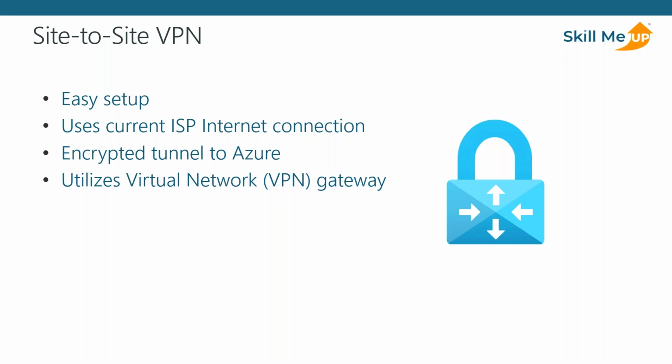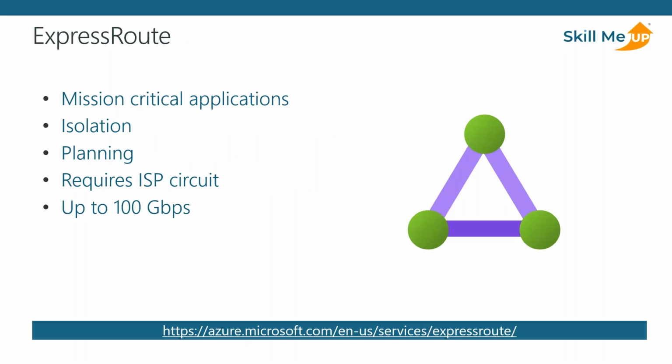And that gets us then into, if you need isolation and dedicated bandwidth, then we talk about ExpressRoute. ExpressRoute is really something that you need to have for mission-critical type applications. It provides the isolation of the network, as well as dedicated network bandwidth from the Azure environment to your on-premise network.